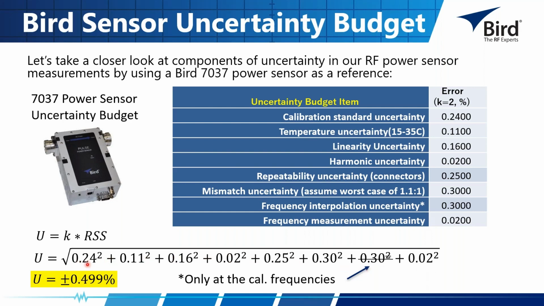If I take all those terms, we're using a confidence factor K equals 2, so we have 95% confidence that the measurement will fall within bounds of plus or minus 5%. An interesting part is that at the exact calibration frequencies themselves, we can remove the frequency interpolation uncertainty, and that allows us to reduce this all the way down to a peak uncertainty of plus or minus 0.5%.